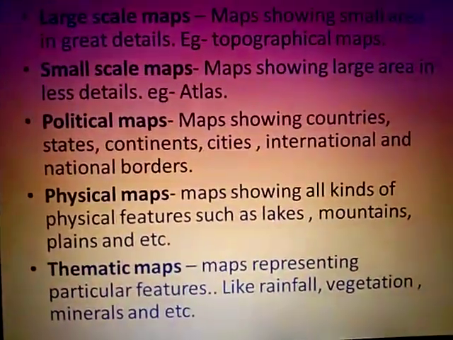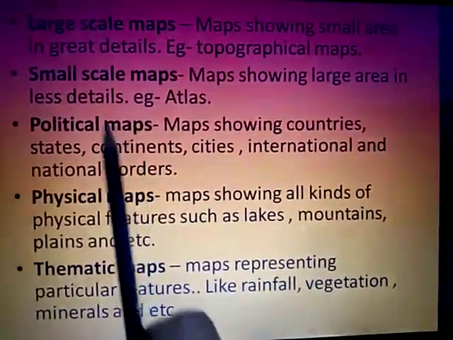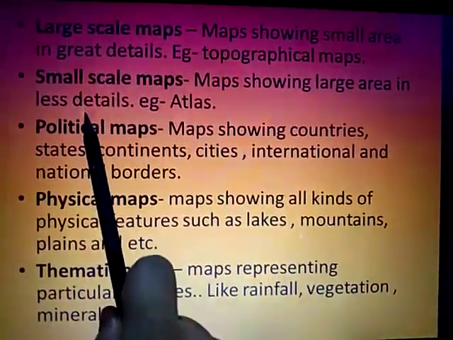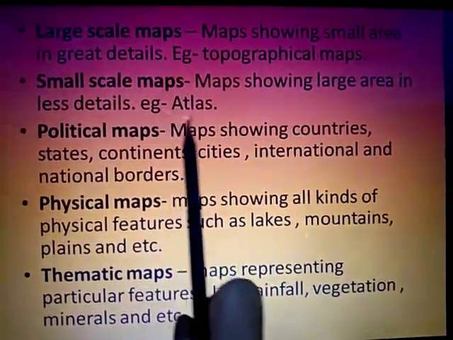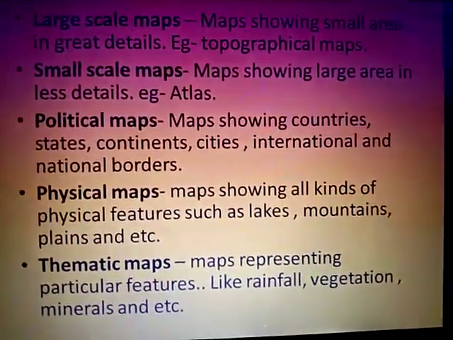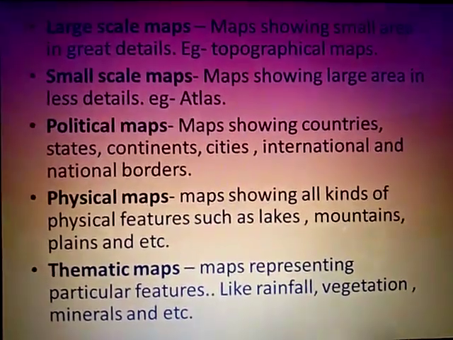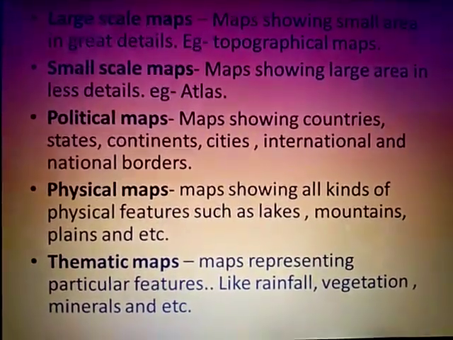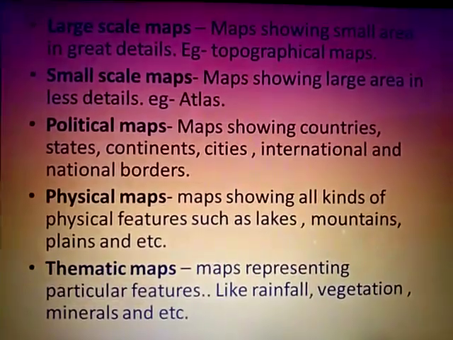Further, I will show you an example of a topographical map. Small scale maps show a large area in very little detail, for example, an atlas. You all know what an atlas is. In an atlas, we get different kinds of maps: map of India, map of Africa, map of Australia, but we don't see detailed things in an atlas.